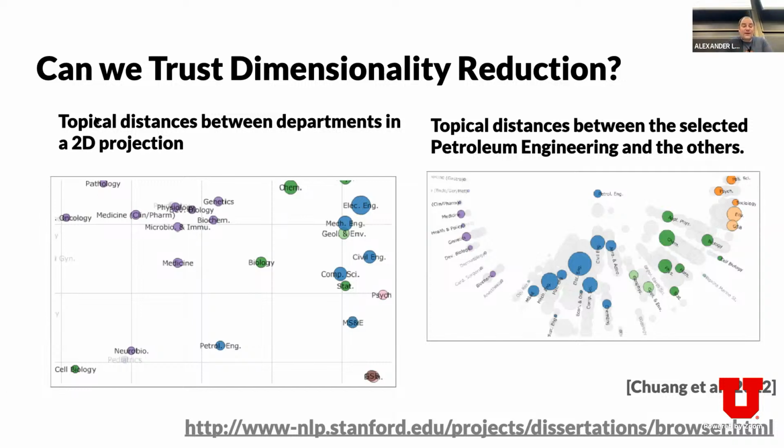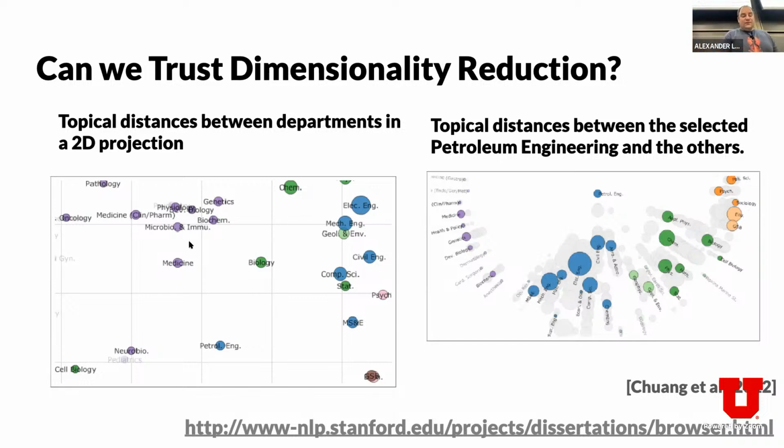This is a topical distance between theses in different departments, taking the text of theses and doing multidimensional scaling based on it. Ideally you would expect that theses of similar subjects contain similar language, so they should appear together in the space.